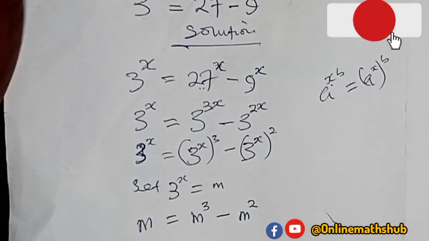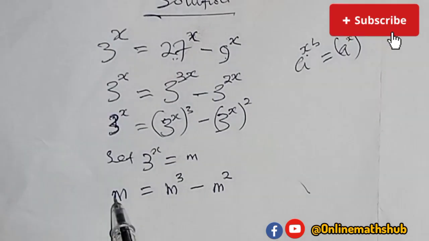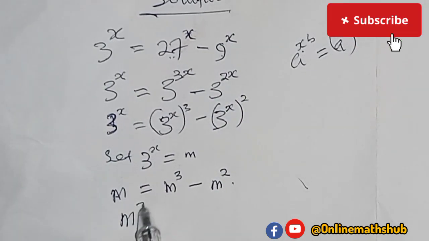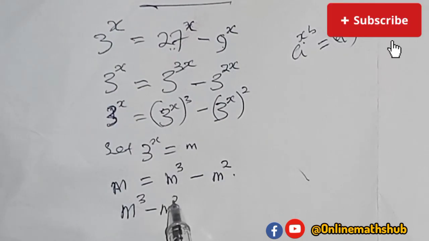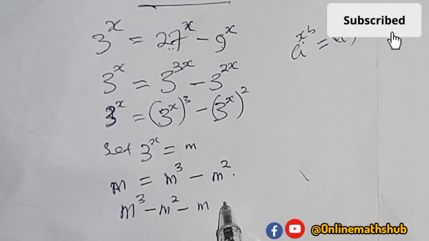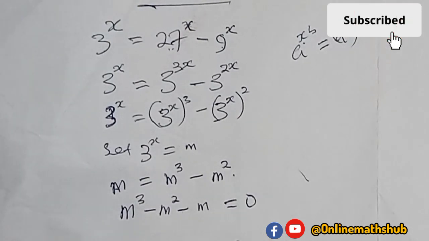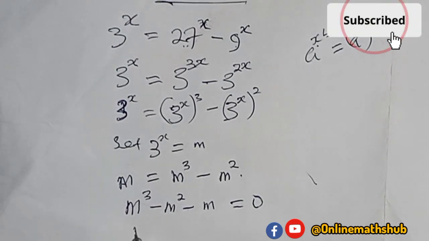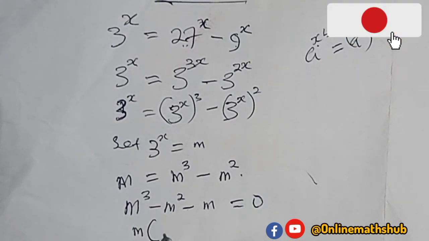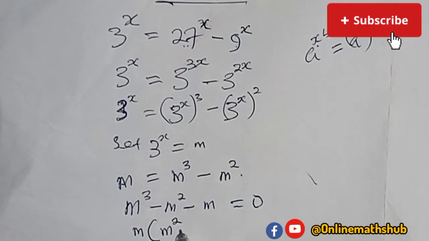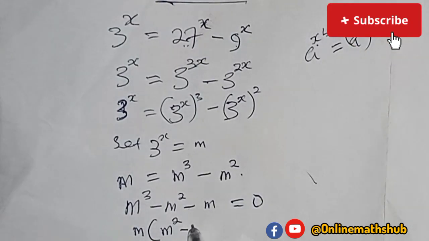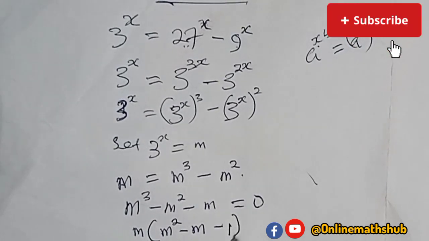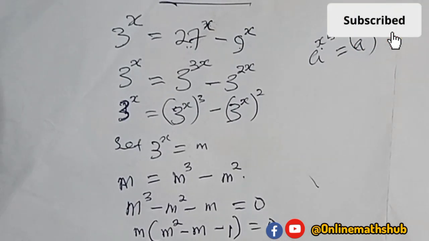So this is what I have at this point, and then let me bring this one to this side. If I do that, I'm going to have that m raised to power 3 minus m raised to power 2 minus m is equal to 0. Of course you can see right here that m is common. I can factorize. If I factorize m here, I'll be left with m raised to power 2 minus, if I factorize m here, 1 times m, minus, if I factorize m here, 1 will remain, and it is equal to 0.